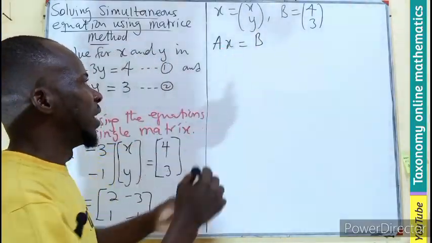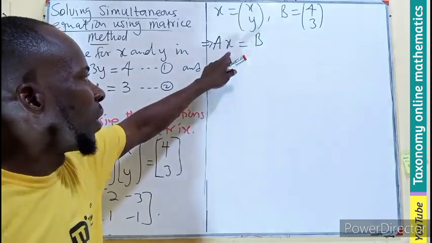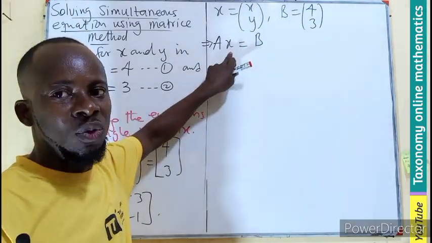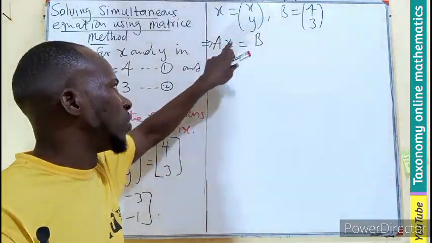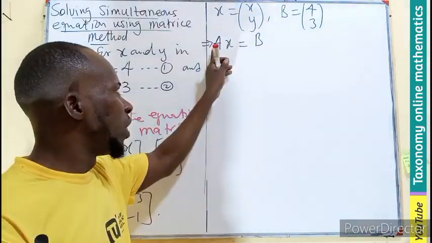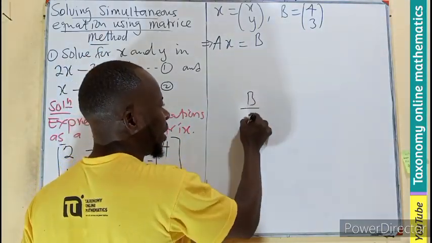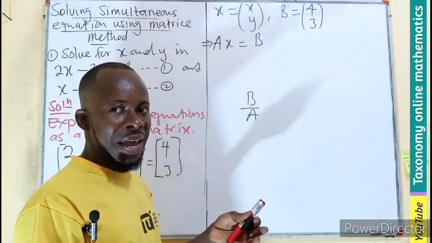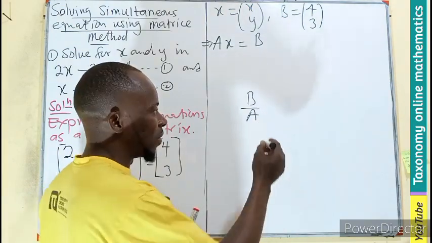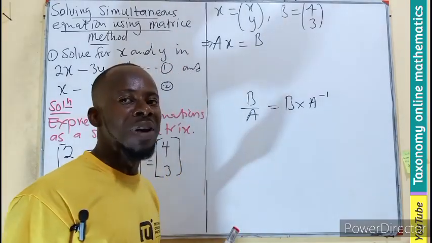So we can write this by illustration. You can see that we are paying attention to the x. We know this as a matrix, these two. So per equation, we divide by A. And if we divide by A, it becomes b divided by A. With indices, we can also say b times A prime, which is the inverse.